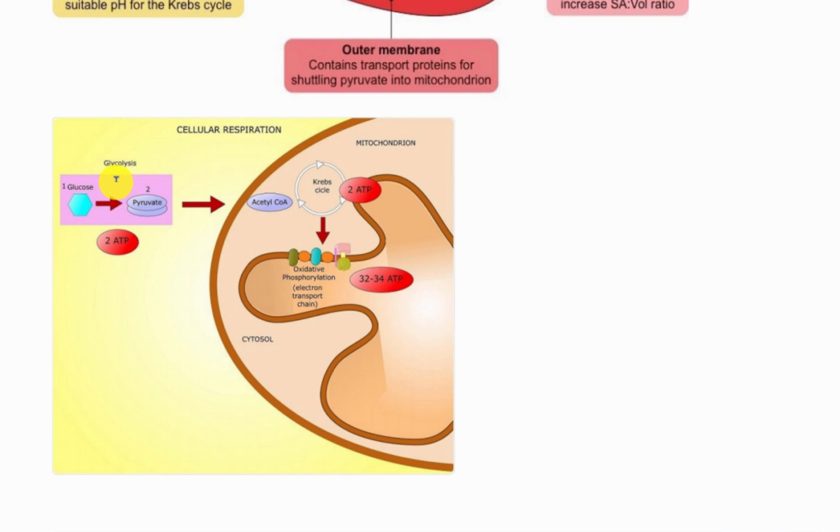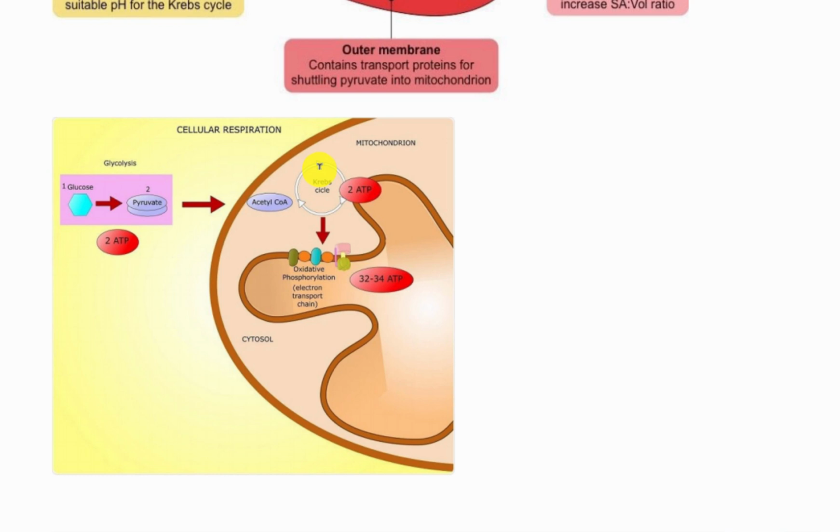And when you have oxygen, when you have mitochondria present, those pyruvate can be shuttled into the mitochondria, and they're going to go through something called, see, this should be cytosol here. I don't like this diagram, but at any rate, the Krebs cycle.